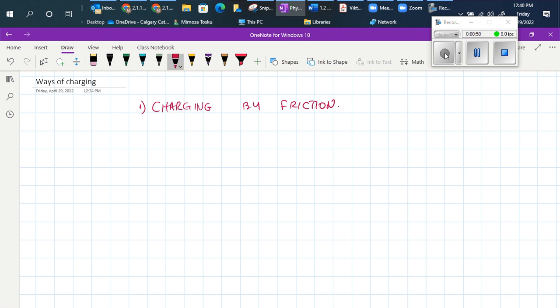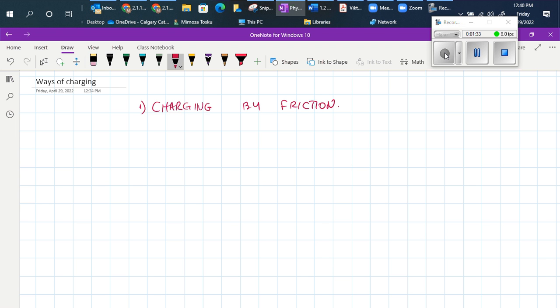By rubbing the two objects together, the kinetic energy of the electrons in the outer shell is increased, and the electrons find a way to leave one object and go to the other, making the object they are leaving positively charged and the object they are going to negatively charged.